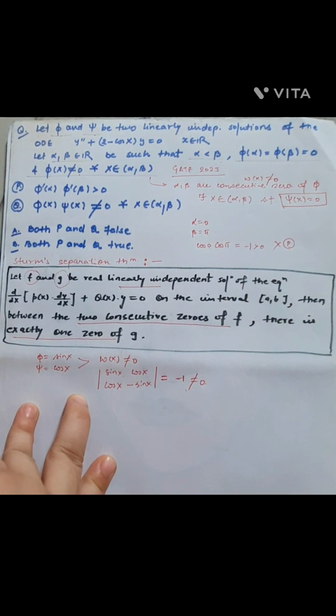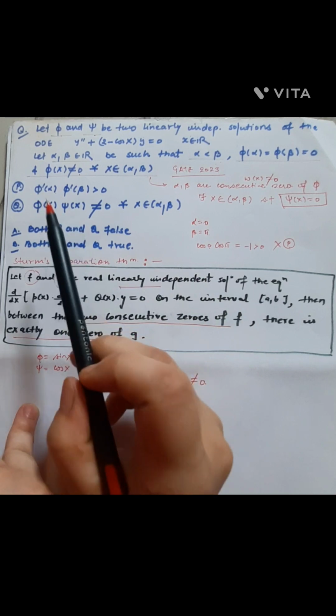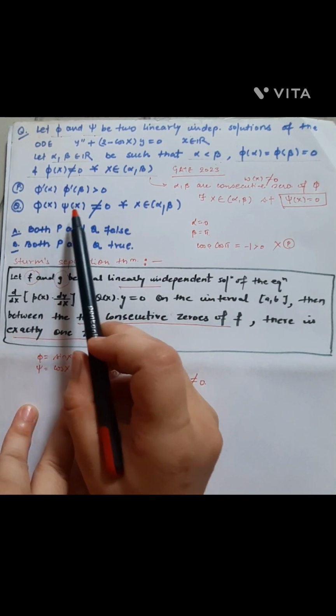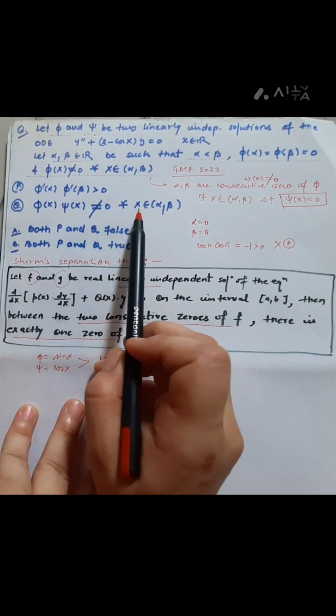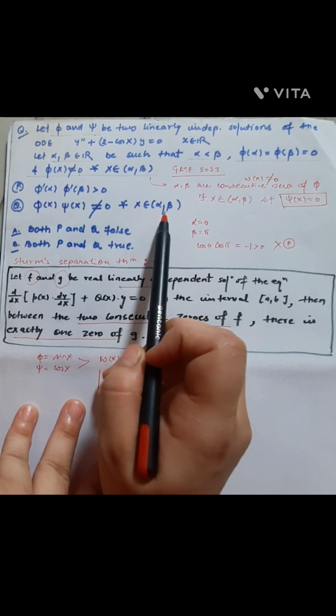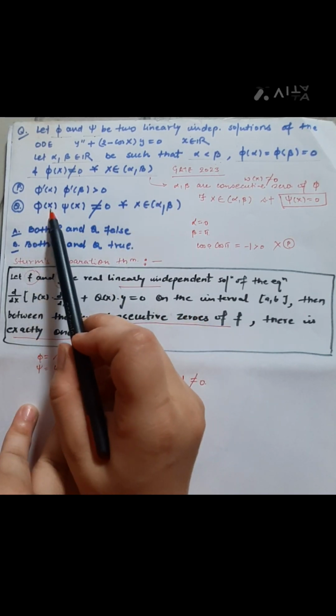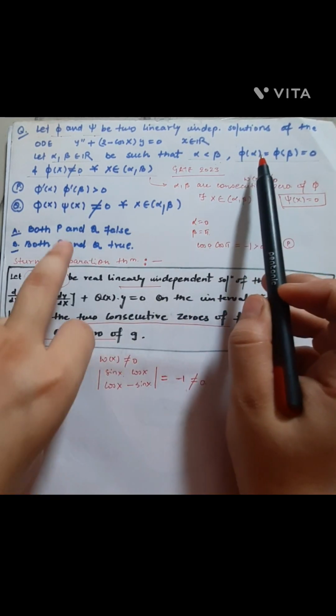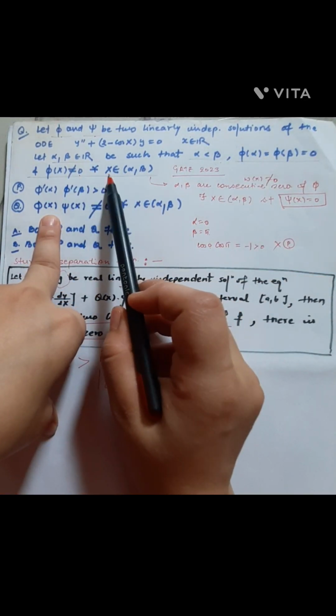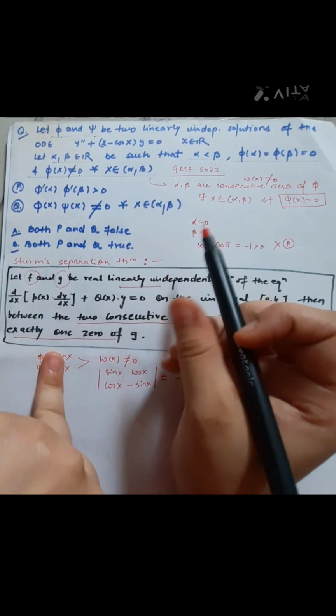Okay, and now come to the Q statement. The Q statement says that phi of x and psi of x are non-zero for all x belonging to (alpha, beta), and we are given that phi of x is non-zero for all x belonging to (alpha, beta).